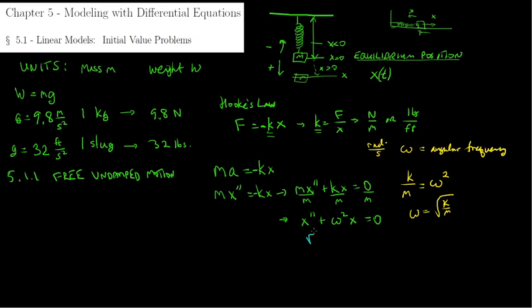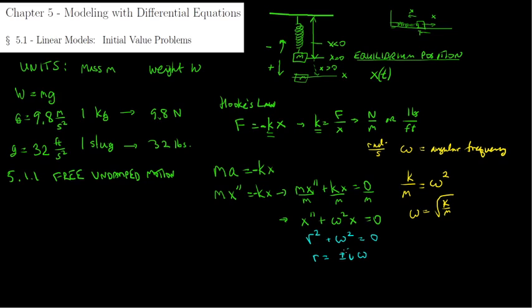So I'm going to use r. So r squared plus omega squared equals 0. And the solutions to this are going to be plus or minus i times omega. And that's one reason for having omega squared here, is that we don't want to take the square root of omega here, right? So this works out pretty well.